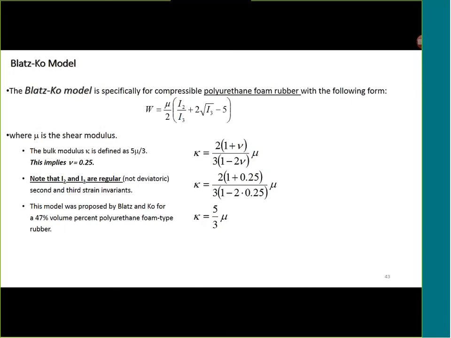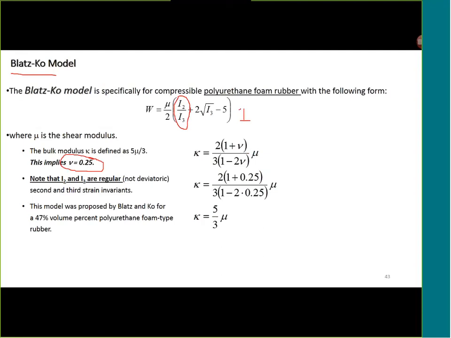Blatz-Ko model is another material model specifically meant for polyurethane foam type of rubbers. Here the Poisson's ratio for this material model is predefined at 0.25, which is a fixed value. Another important feature to note is that in all other previous material models, the invariants are separated into deviatoric part and volumetric part.